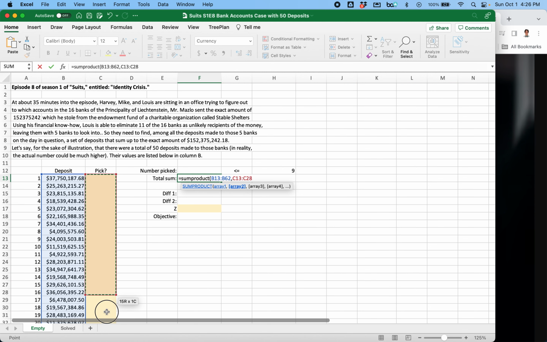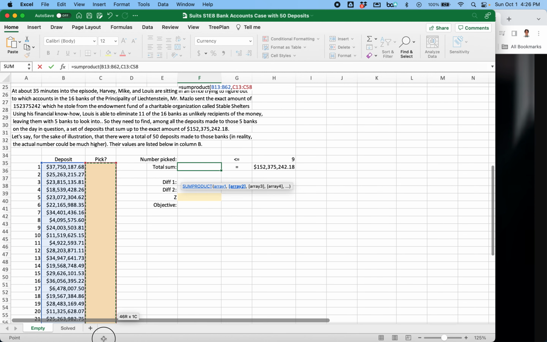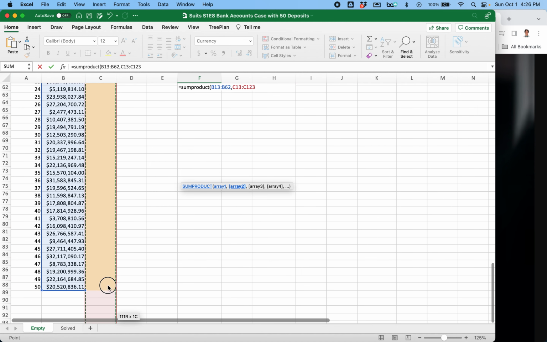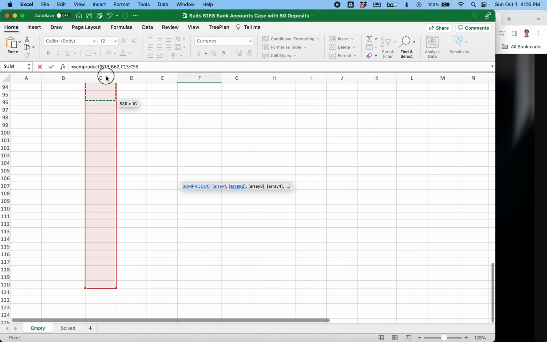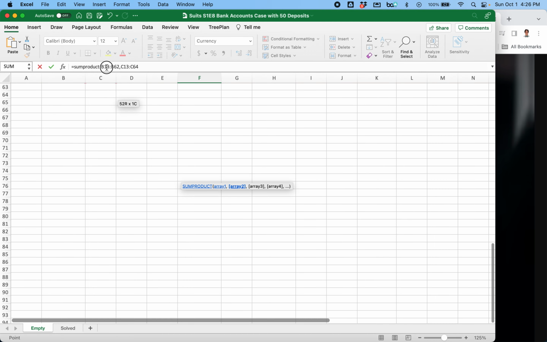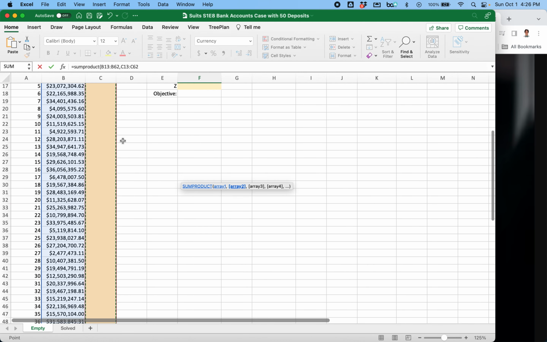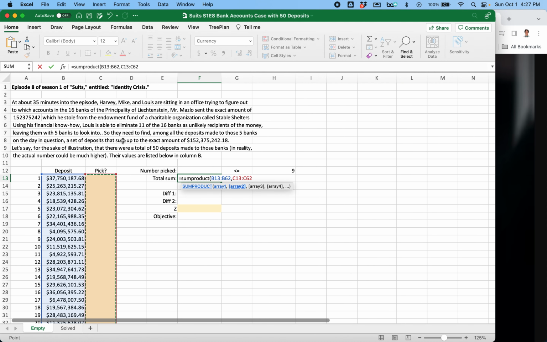I'm simply multiplying each number by an x. So let's say I have x's from 1 to 50. If the x says yes, meaning it's equal to 1, it means I picked that deposit as part of my collection. So 1 times the number gets me the number. Yes, I want this number.